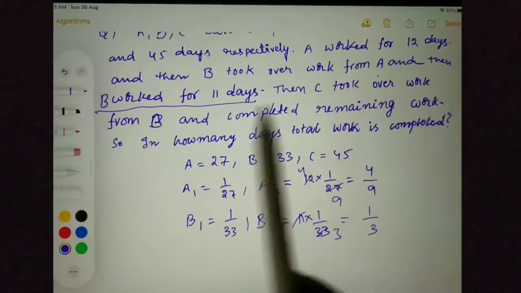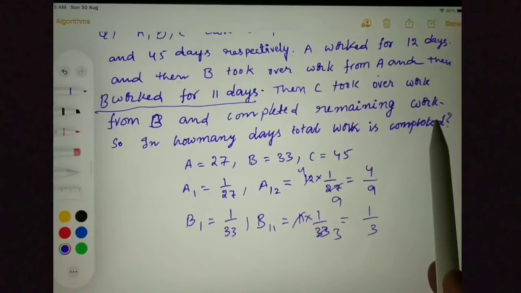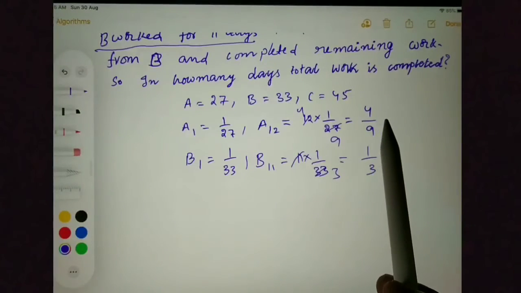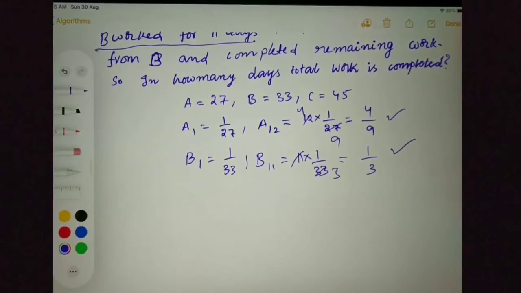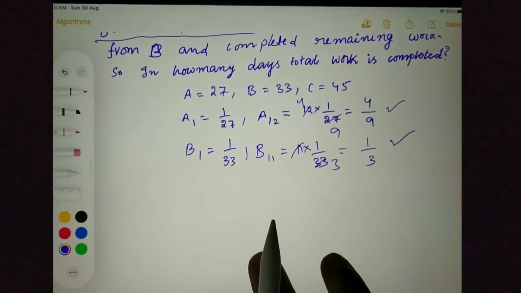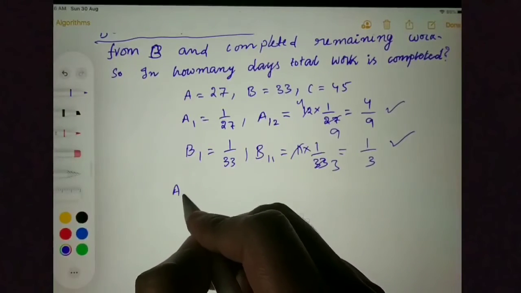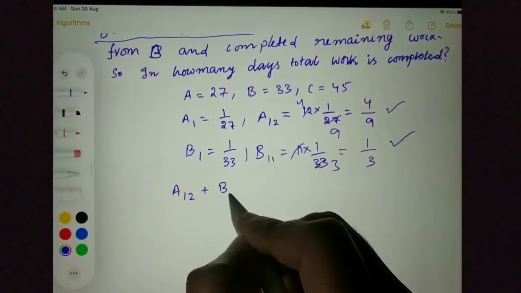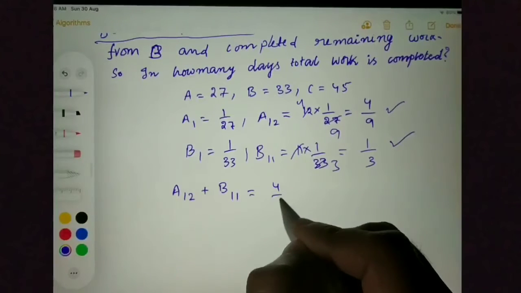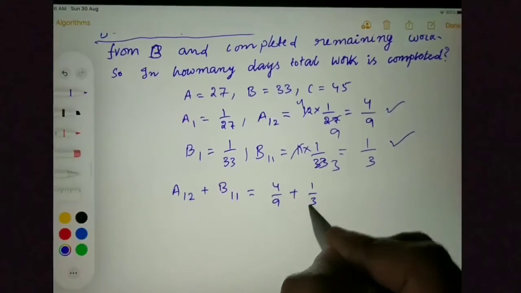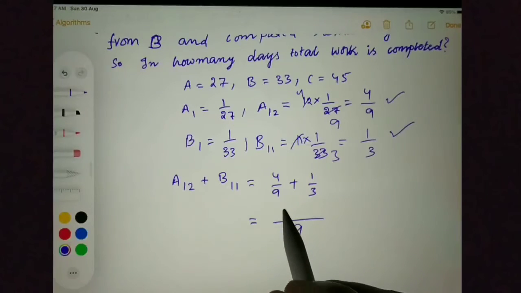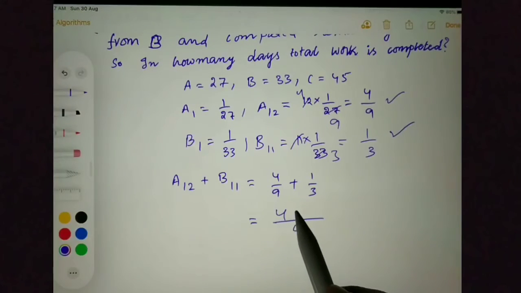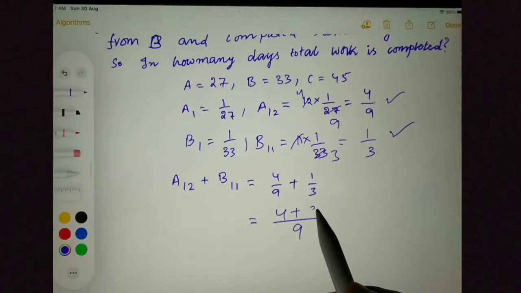So first let us sum how much work is done. A's 12 days' work plus B's 11 days' work, that is 4 by 9 plus 1 by 3. The LCM is 9, so we get 4 by 9 plus 3 by 9, which is 7 by 9.